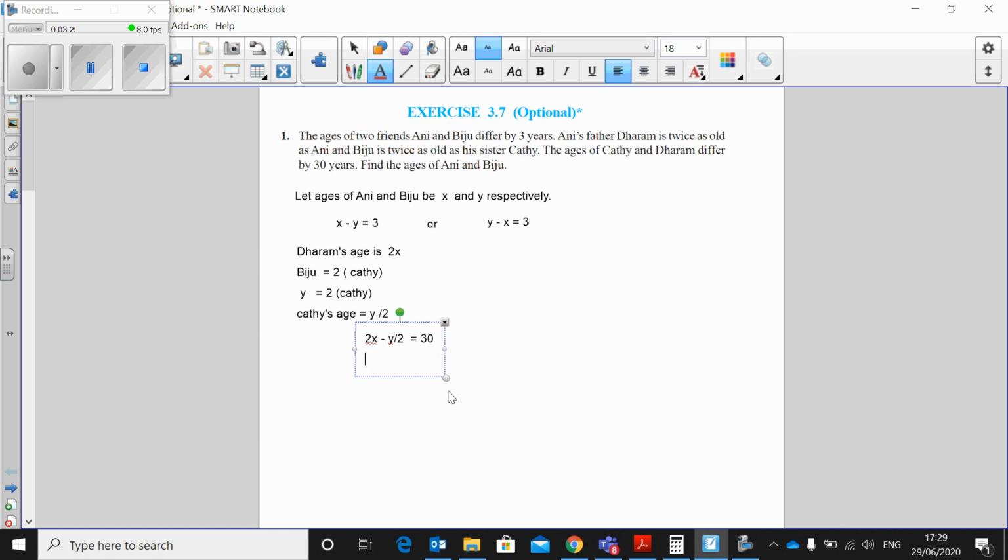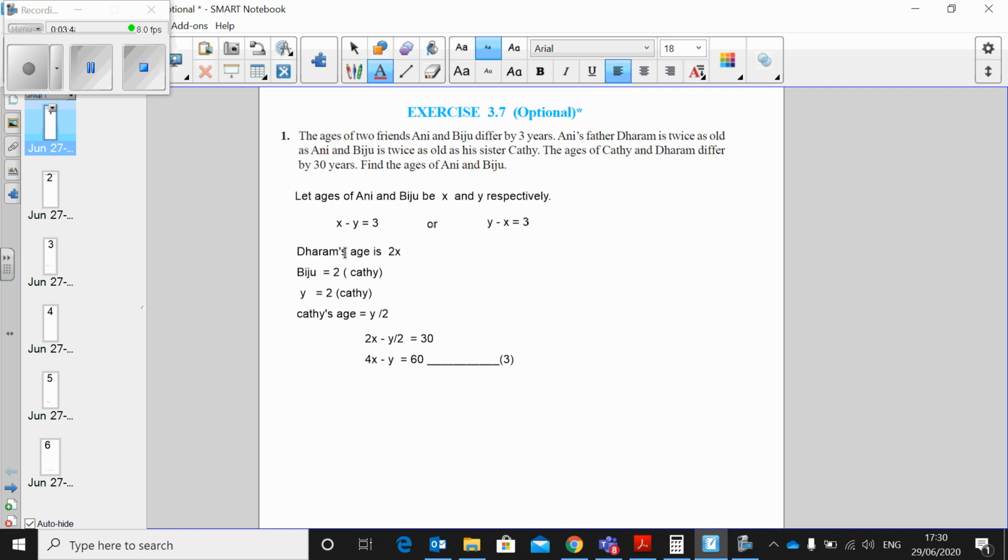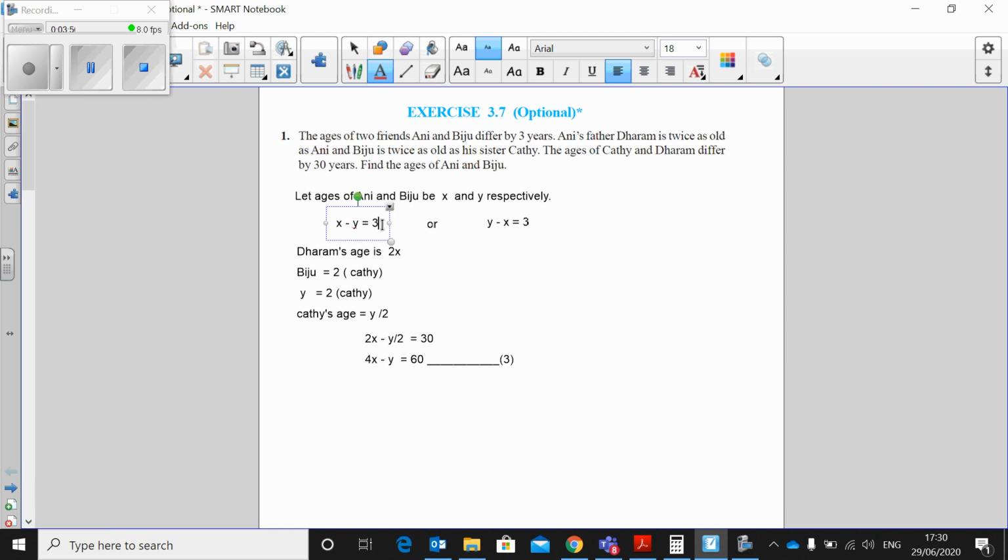Multiplying throughout by 2, we get 4x minus y equal to 60. Let us take this as equation number 3, and this as equation number 1.